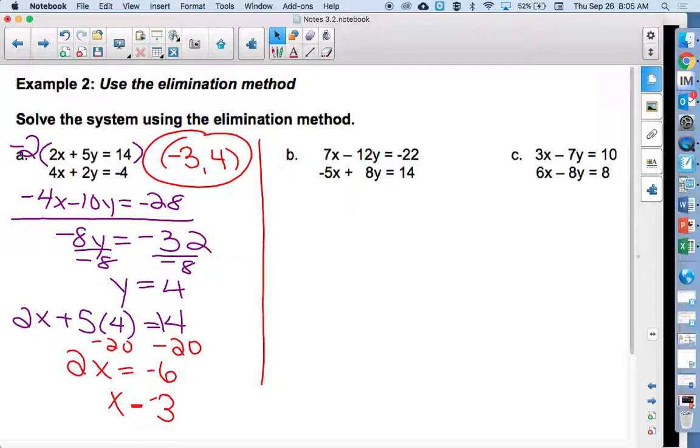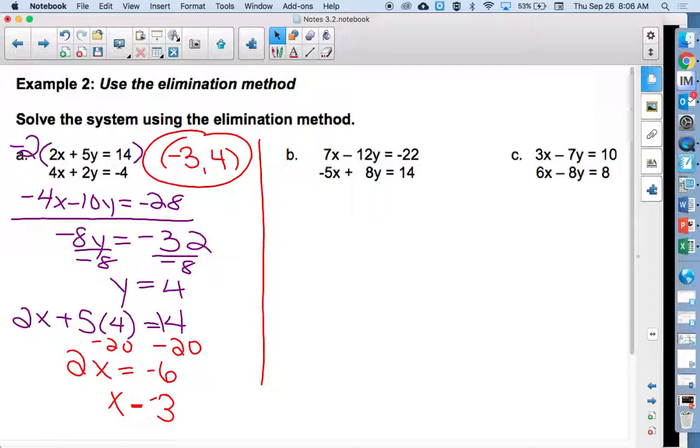So sometimes you have to multiply both equations, sometimes only one, depending what you see. So adding vertically. So because this equation will change, we're not using that, so we're using the current equation.